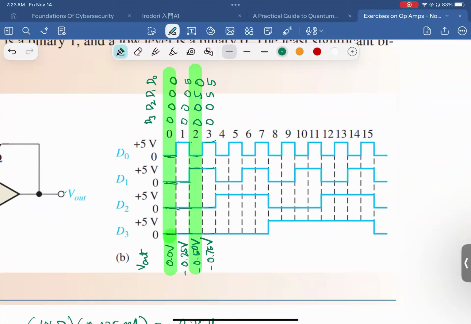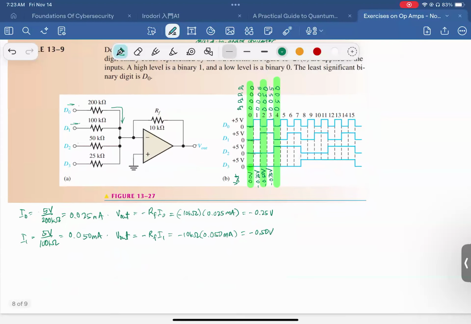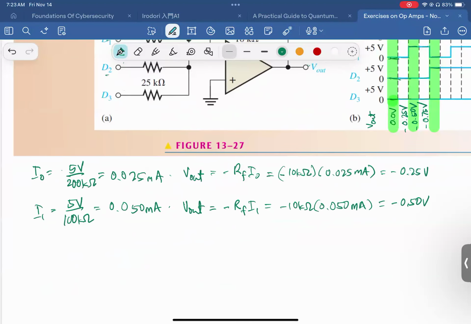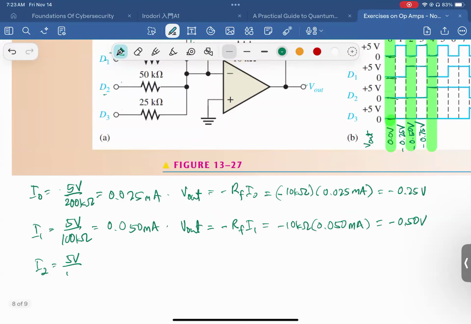Okay. Then sa next, here we have 0, and then 5, and then 0, 0. So now we have just D2. Ang current dyan, which is I2, ay makukuha natin from this expression.